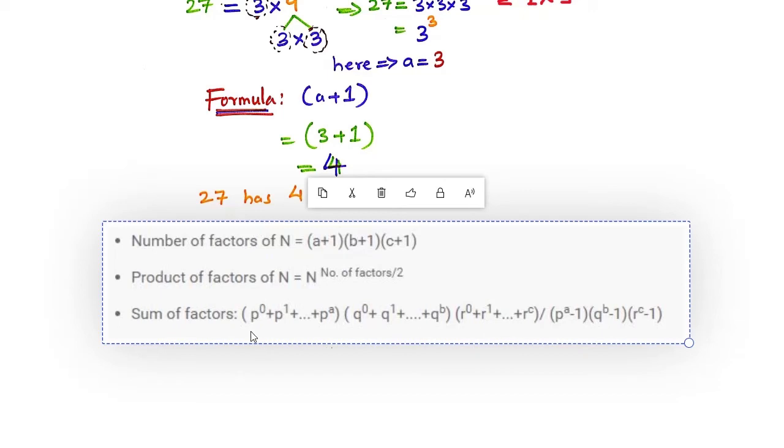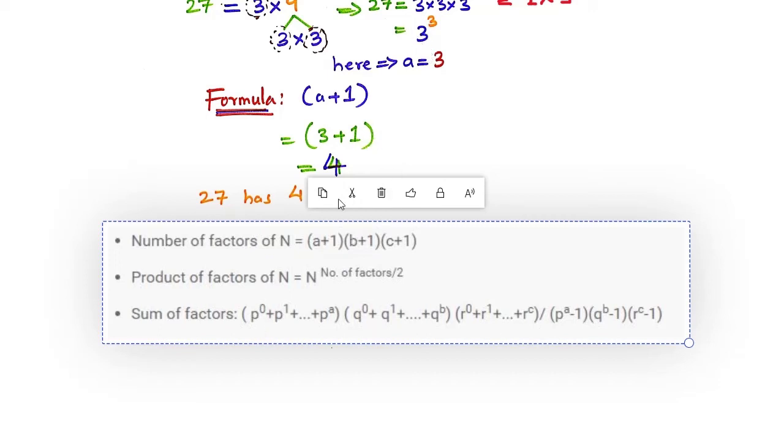For example, in the previous case, you've got that is 3 power 3 for 27, the prime factors. So you have one type of prime number. So these P and Q then R are type of prime factors, different type of prime factors. If you have only one type of prime factors, you can use this.